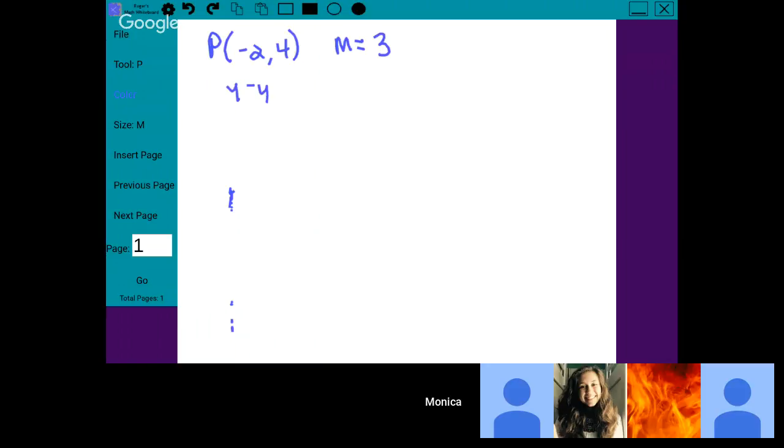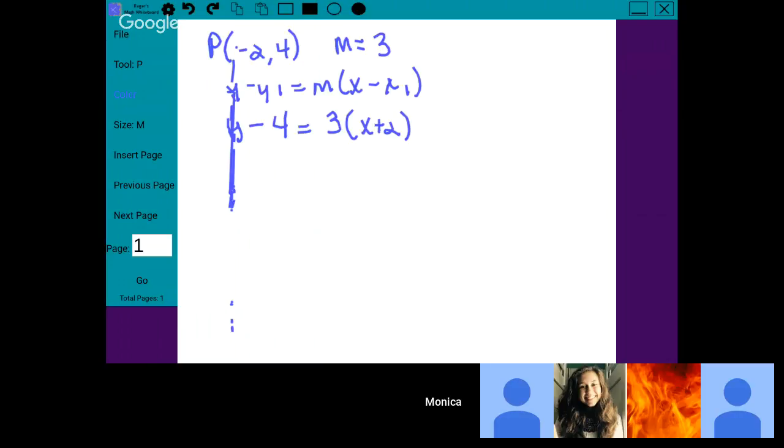So y minus y1 equals m times x minus x1. So y stays the same, minus y1, which is 4, equals 3, which is our m, times x minus x1. So that would be minus a minus 2, so plus 2.